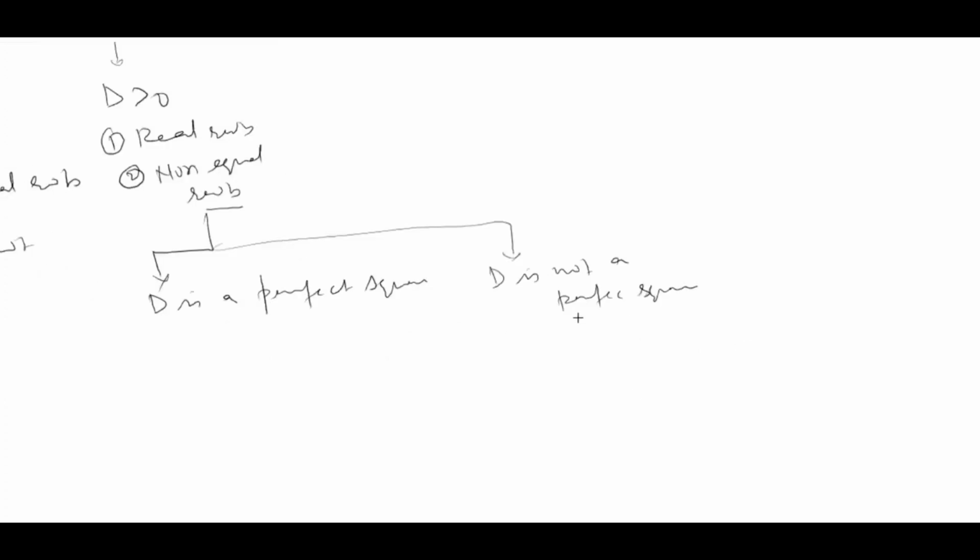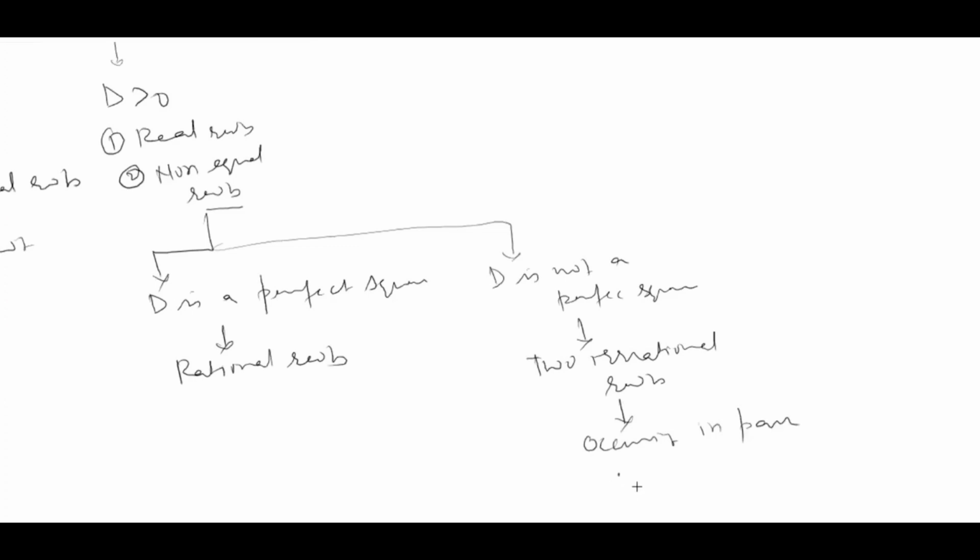When d is not a perfect square, you will have two irrational roots, and they will occur in pair, basically.